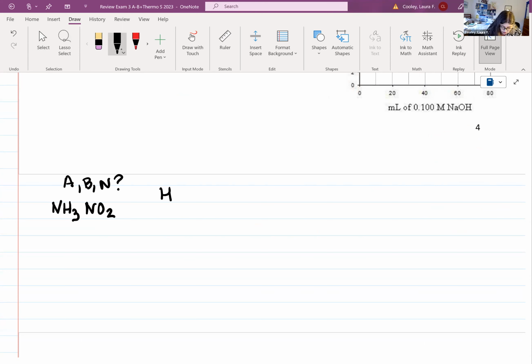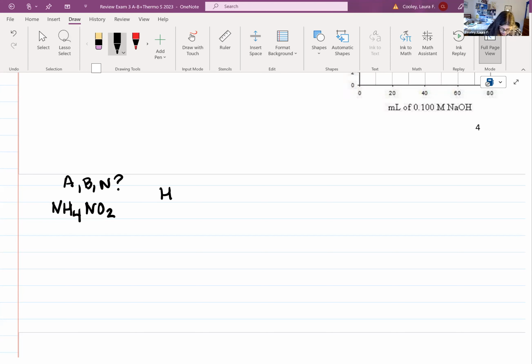This is harder. It's NH4 NO2, not NH3 NO2.